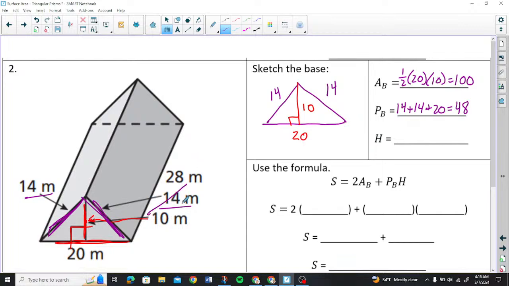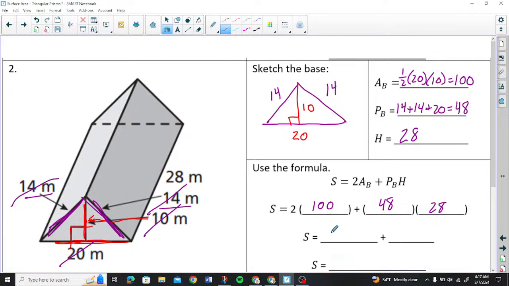So we've used the 14, we've used the 10, we've used the 20, we've used the 14. The number that's left to tell us how far it is from this front triangle to this back triangle is 28. And so we're doing 2 times 100. Perimeter of the base is 48. Height of the figure is 28.